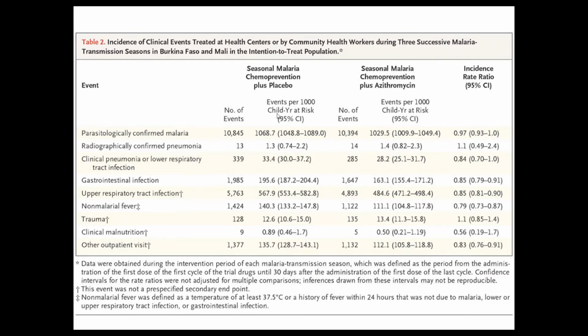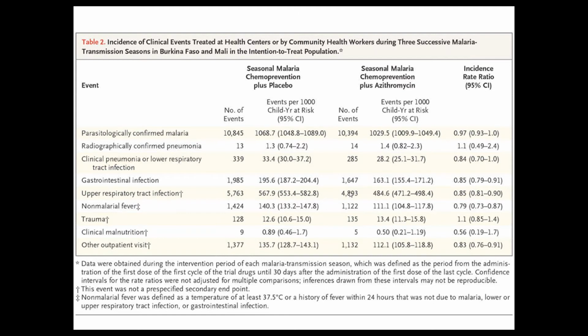So if we look at the incidence of clinical events, there were no significant differences in terms of most of these variables. But if we look at it carefully, it does look like in the azithromycin group, the appearance of gastrointestinal infections and other bacterial infections was better than in the group that didn't get azithromycin.